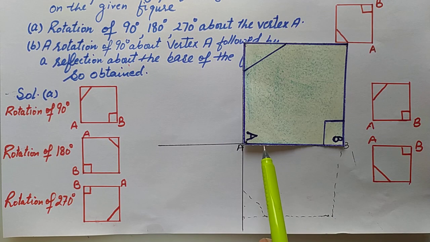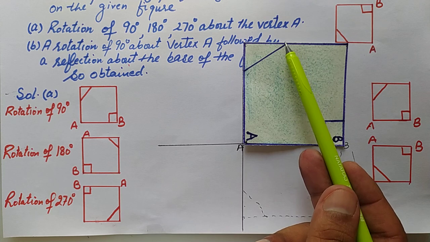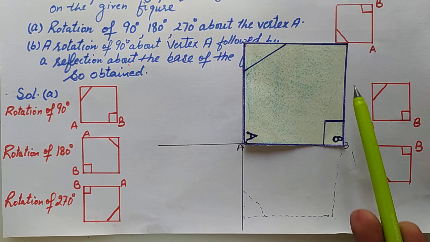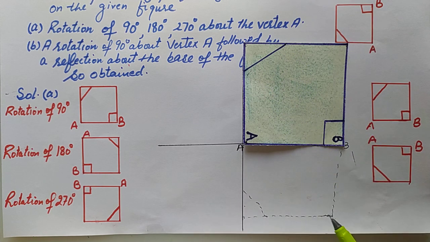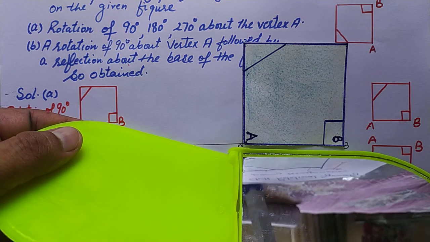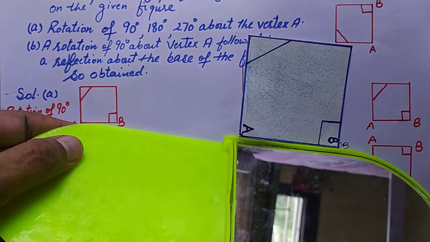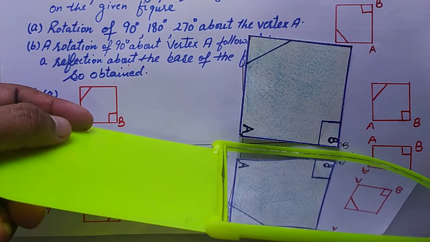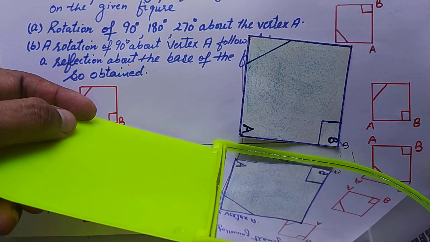Let's see its reflection in the mirror about this base AB. I told you this cutting line will come here and this vertex will be visible here in the mirror. So let's see by putting the mirror also. I'm putting the mirror here about this AB side and you can see how the reflection comes in the mirror.